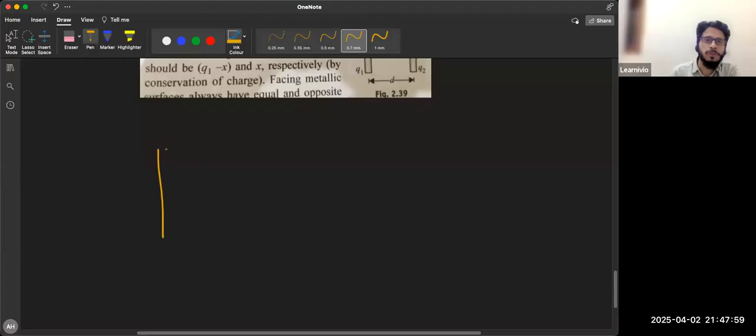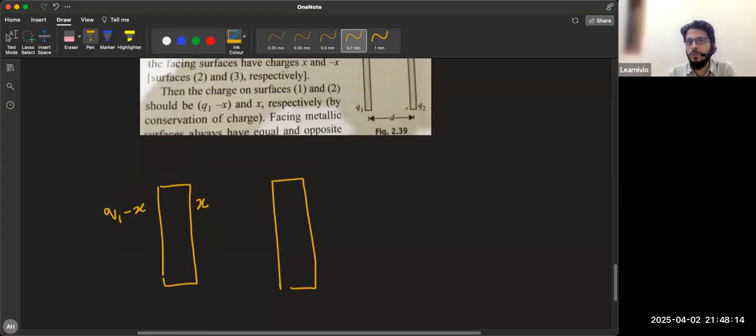So we will start with the first plate. Let's say some charge is here, it's X. So here your charge will be Q1 minus X. The total charge that was given to the plate is Q1, so if on one face it is X, then on the other it will be Q1 minus X. Due to induction, this is plate 1, this is plate 2, here the charge will be minus X, and the charge on the next face will be Q2 plus X. Instead of 1 and 2, let's write the names of the faces.